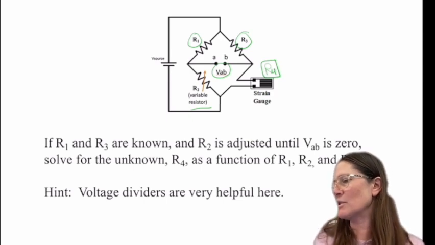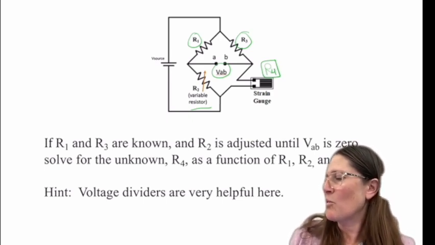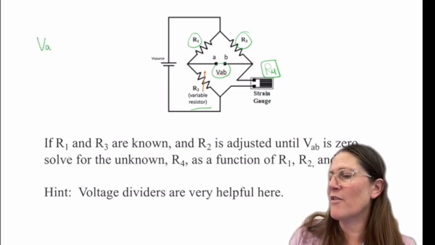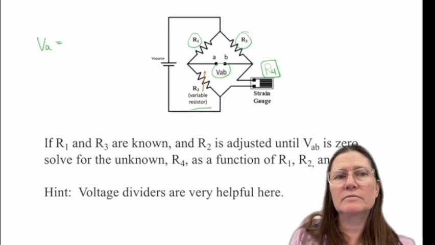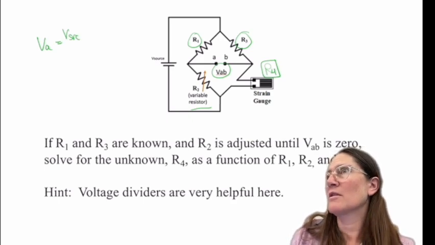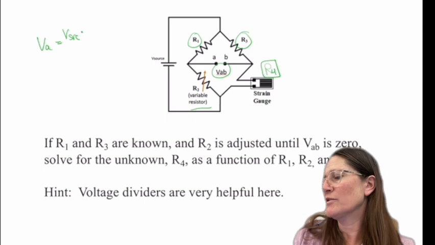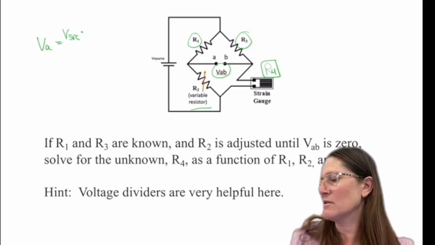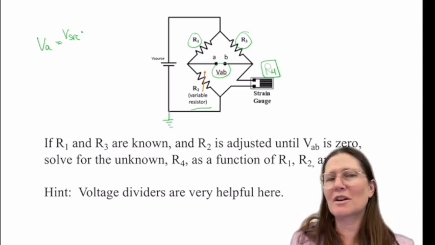So if you have 0, what was your VA value? What would be your equation here for VA? V source times, I'll put your ground in there. There's your ground.